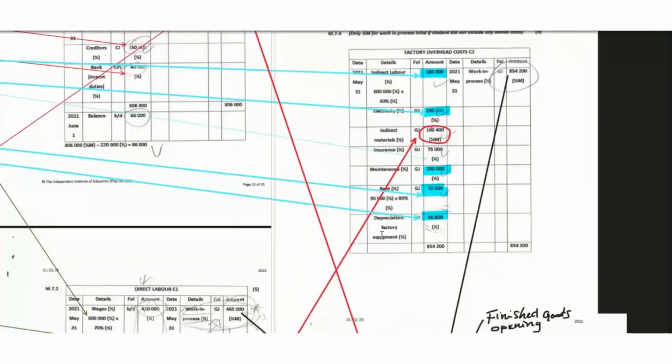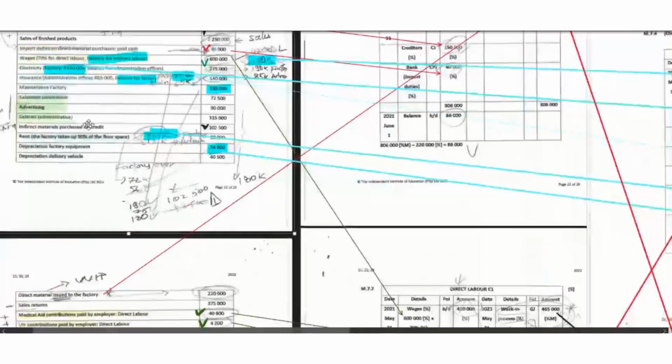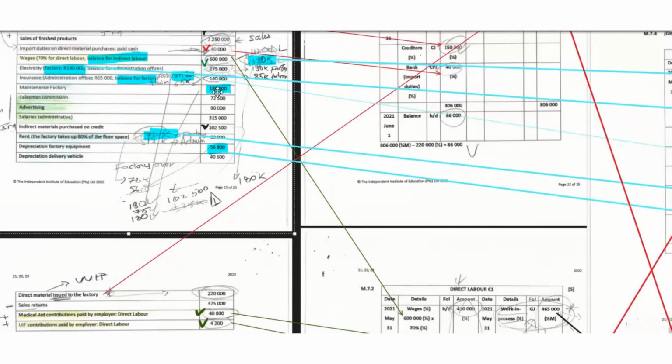What else? Insurance must be taken into account. It's an overhead cost. Maintenance must be taken into account. But now let's check. In insurance and maintenance, they provided it to us. It's 180,000. We will take it as it is because it is factory maintenance. Insurance, they say that the administration offices require only 65,000.